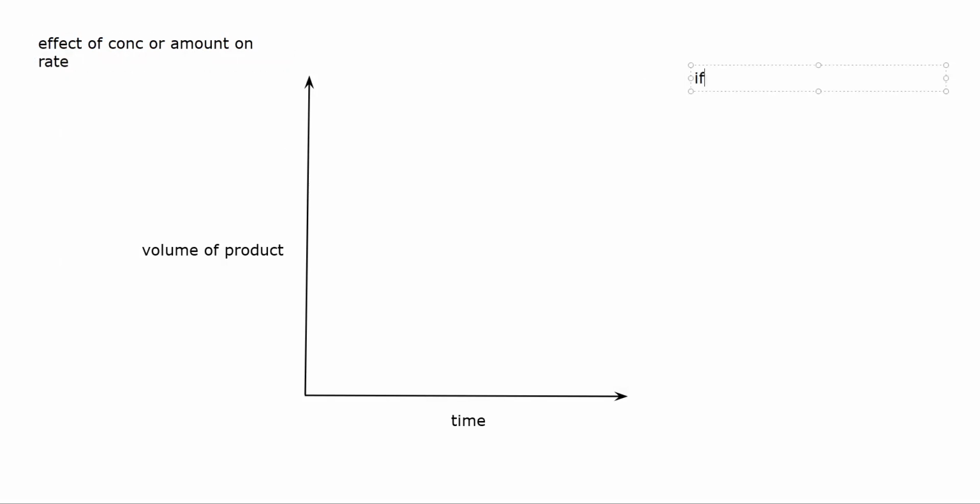So if we change the excess reagent, I'll give an example: say A and B are the reactants and they form a product C. So the volume of product C is there.